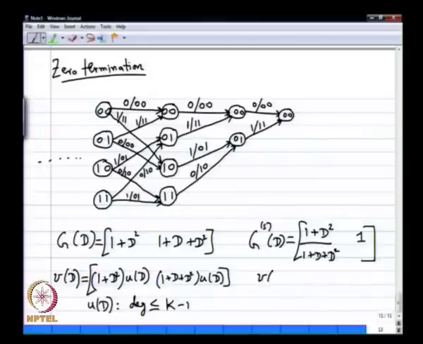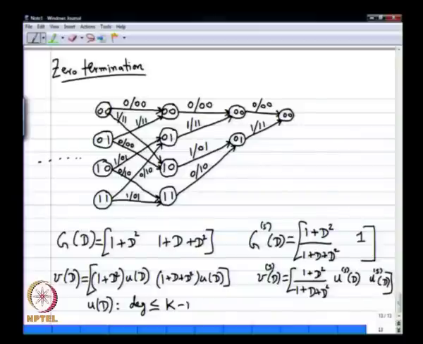What happens to v of d here? Vs of d, I am sorry, you get 1 plus d squared by 1 plus d squared times Us of d and then Us of d.